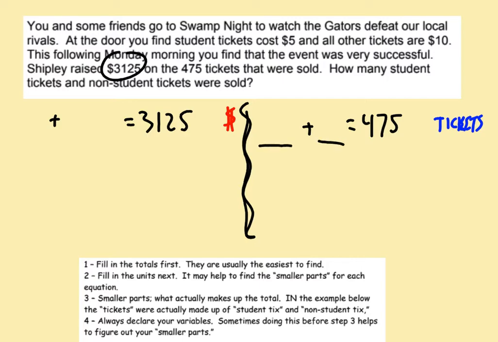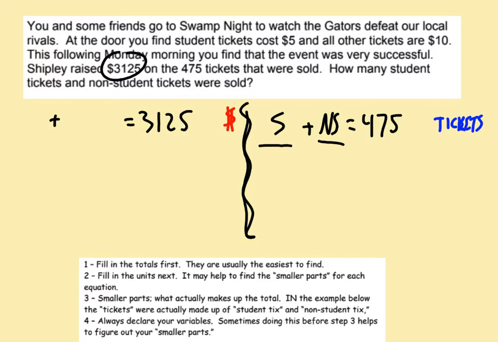Well, I had a student ticket, and I also had non-student ticket. I'm going to call that NS. That might be a little unconventional. You're probably used to one letter for a variable, but hey, this is my problem. I can use any variable I want. Whatever works for you, you should use whatever you want. So I have all my student tickets, S, and all my non-student tickets, NS.